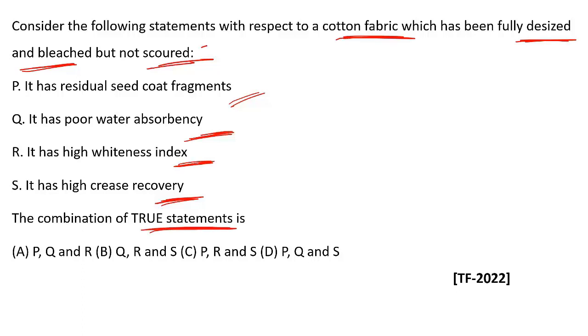The correct combination of the true statements is found if you know what desizing, bleaching and scouring are, and relate them to the given options. Since the cotton fabric is fully desized and bleached, it does not contain any size, because desizing removes the size, and it appears white due to the bleaching action. But as it is not scoured, it will contain seed coat fragments and have poor absorbency, because scouring improves the absorbency of the fabric and removes residual seed coat fragments.